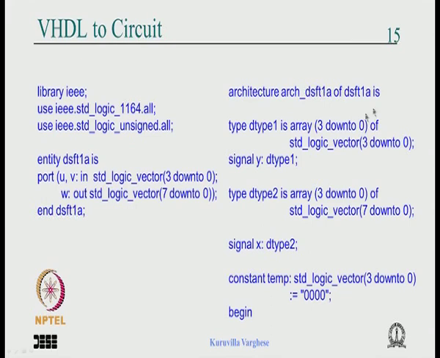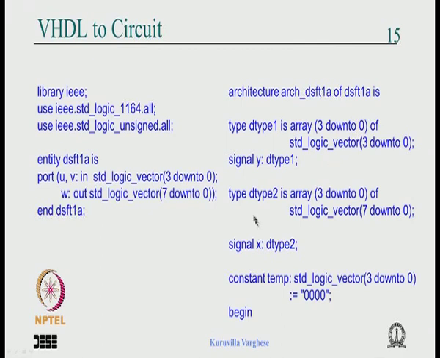Now coming to the architecture, before the begin we have some declarations. D type 1 is a new data type which is an array of 4 locations, each location 4 bit, and we declare Y of this type. That means there is Y3, Y2, Y1, Y0, each of which is 4 bit.